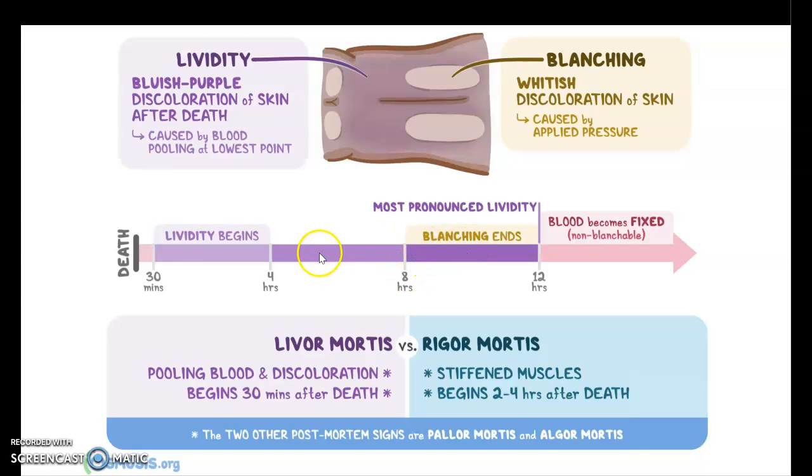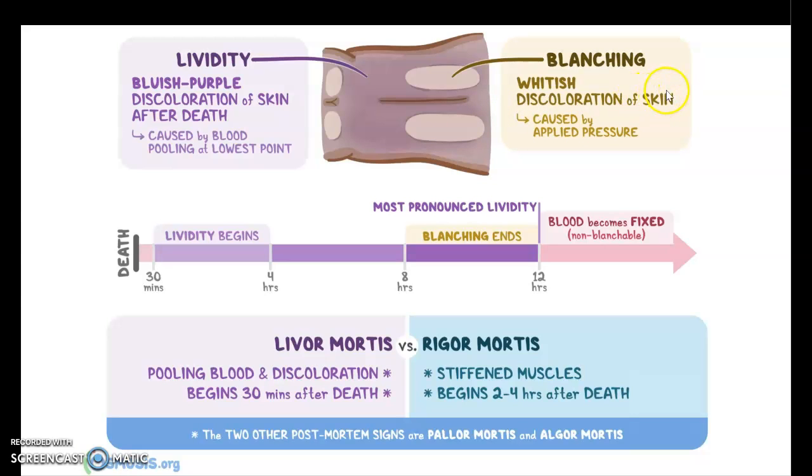You can test that blanching anywhere in between these periods to see if it returns to its normal color. After 12 hours, the blood becomes fixed and it's non-blanchable. And blanching is the whitish discoloration of skin that's caused by applied pressure.